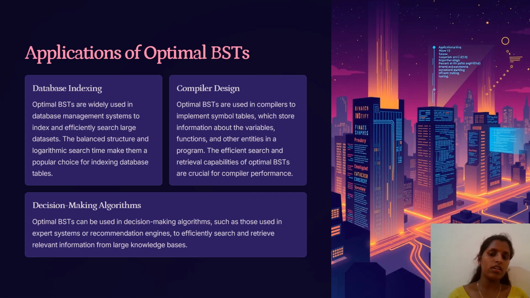The efficient search and retrieval capability of optimal binary search trees is crucial for compiler performance. Decision making algorithms. Optimal binary search trees can be used in decision making algorithms such as those used in expert systems or recommendation engines to efficiently search and retrieve relevant information from large knowledge bases.